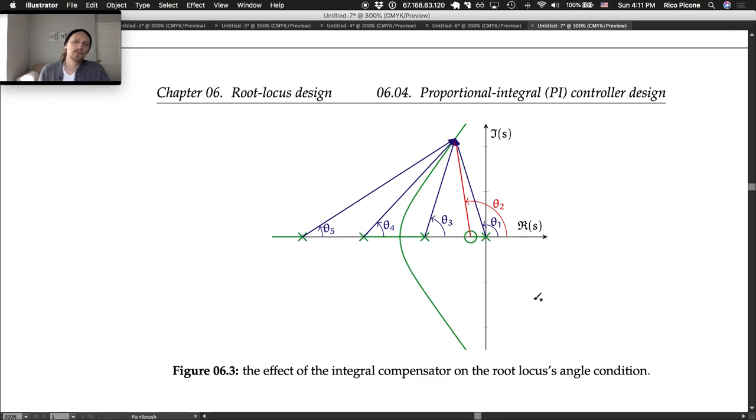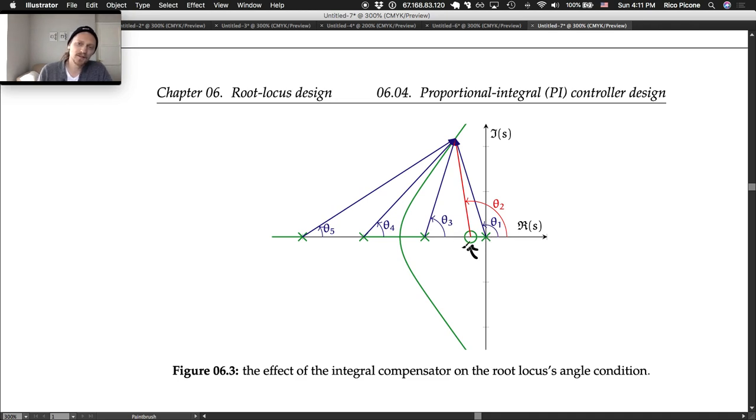big things happen. But if we also include a nearby zero, then the net angle contribution of this pole and zero to locations on the root locus are essentially canceled.